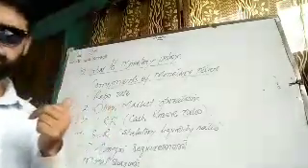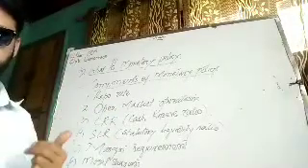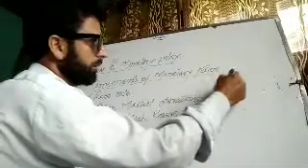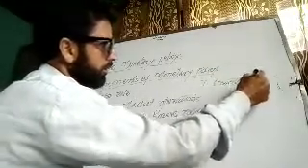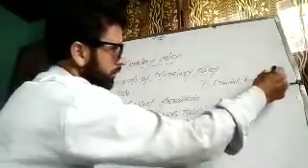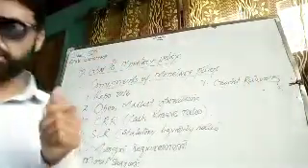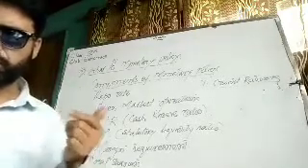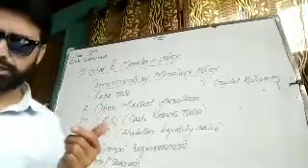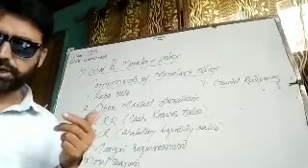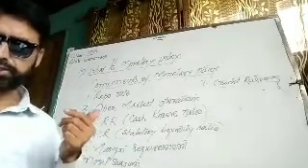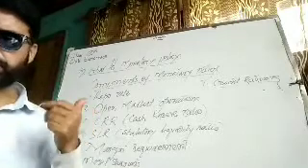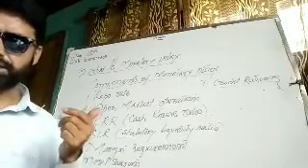And the last one is credit rationing. Credit rationing means fixing prescribed limits of credit for different sectors of the economy, and it is introduced to correct situations of excess demand when availability of credit needs to be restricted.